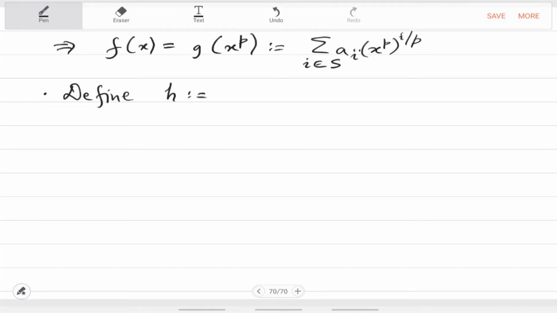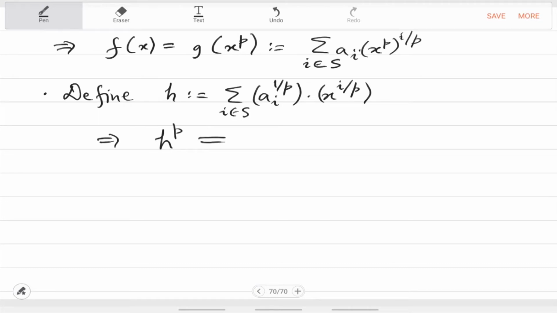You can define h to be a_i to the 1 by p, for i in S. So clearly h raised to p will be equal to a_i x to the i, which is then f.